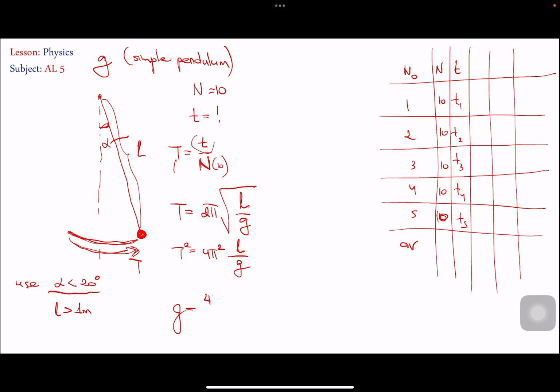So you have also different gravities, and you write here the different g. So you may take the g average then, finally. So that's the third way to find out the gravity.